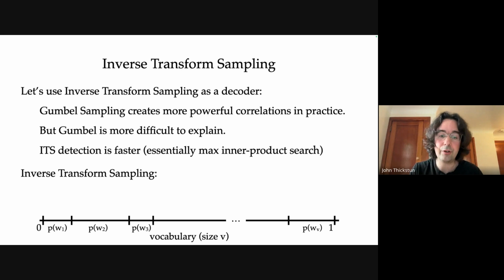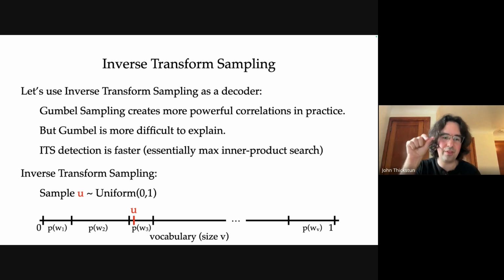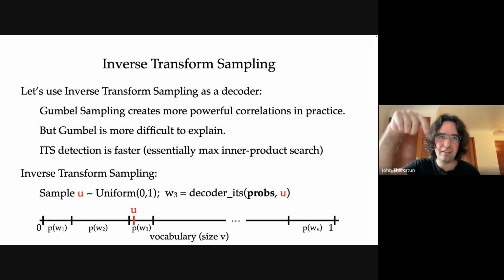And then what we're going to do is we're going to uniformly sample a random number on the interval from 0 to 1. And the word that we choose is going to be the word associated with the bucket, the subdivision of the interval, that this random number u that we chose falls in. So in this case, u fell in the bucket associated with the probability mass of word 3. So that means the inverse transform sampling decoder of given probs and this random number u is word 3.